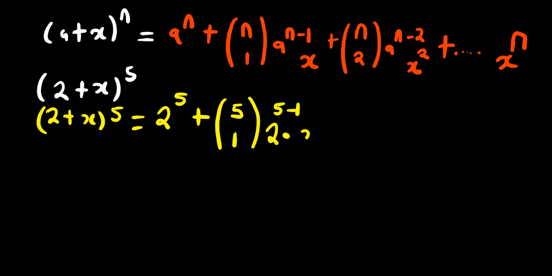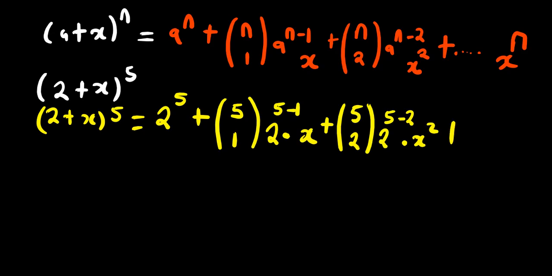Like that, we come to the third term. In this case you have 5 choose 2, then 2 to the power 5 minus 2, multiplying by x squared.